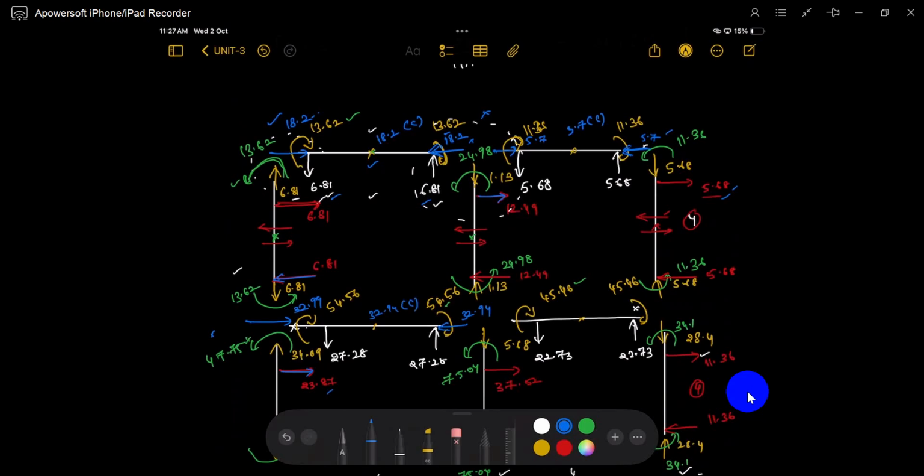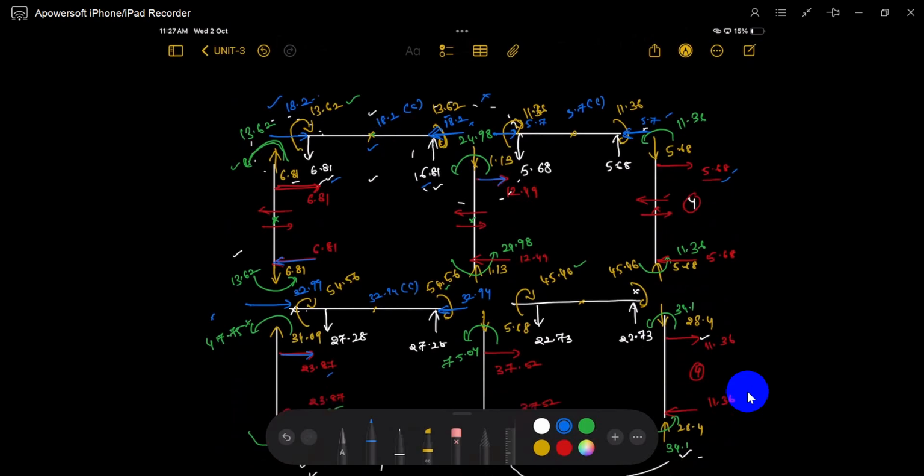So it's also 32.94 compression. Now comes to this one: 32.94 in this direction, 12.49 in this direction. 32.94 plus 12.49 minus 37.52, 7.91. Compression. Just check 11.36, 5.68. You should get 5.68.